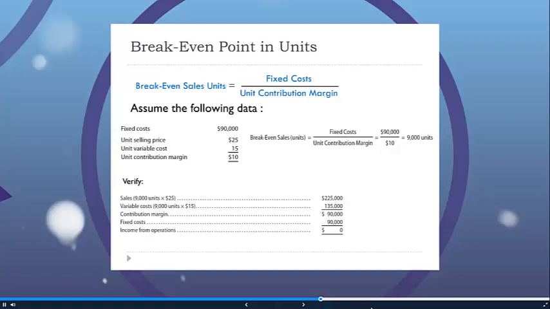Looking at this example, we would take our fixed costs, which are $90,000, and divide that by our unit contribution margin to get 9,000 units. To verify this, let's look at our sales at 9,000 units, subtract out our variable cost to get our contribution margin, which will equal that same $90,000, subtract out our fixed costs, and you will see our income is zero, meaning we just broke even.